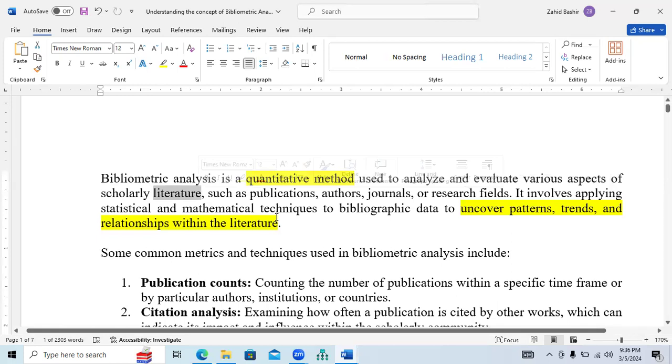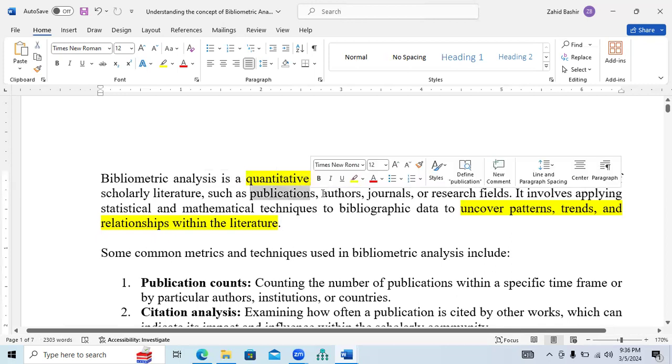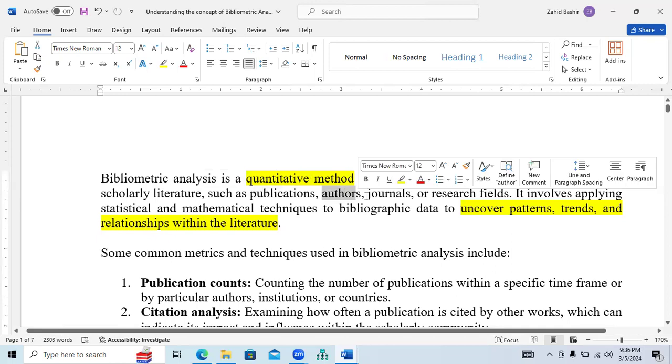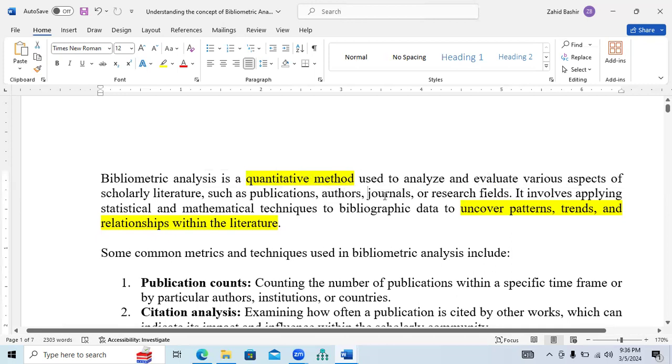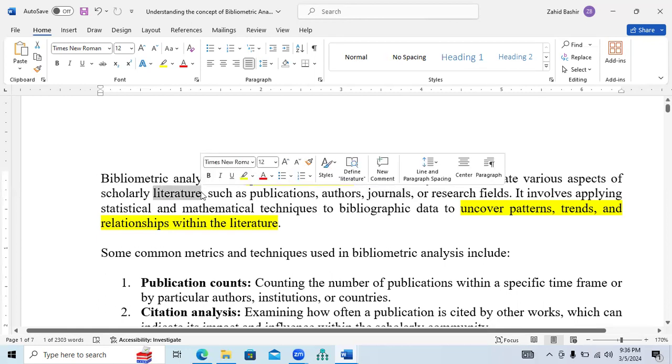For example, I would like to study the sustainable finance domain, and I would like to know how many publications, how many authors, and how many journals are basically considering the sustainable finance domain. So I need to understand the literature related to sustainable finance.